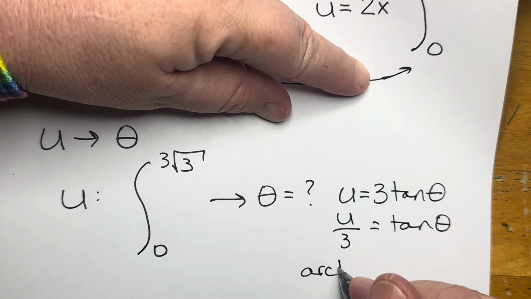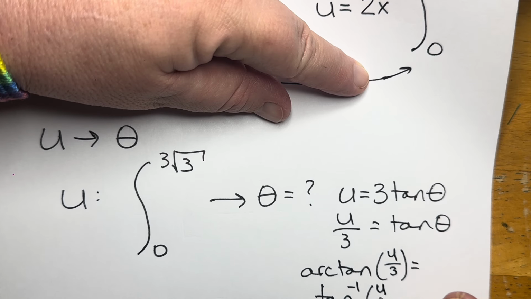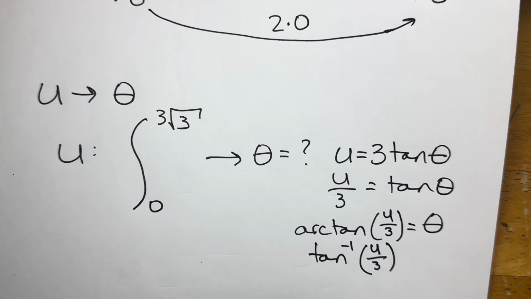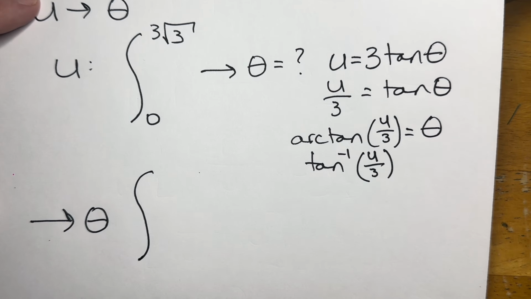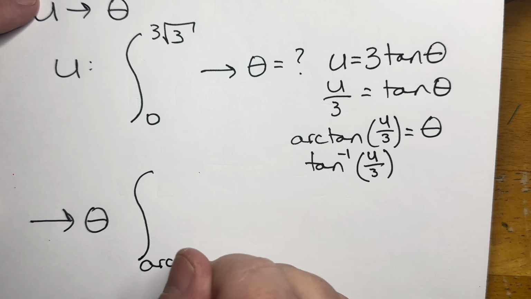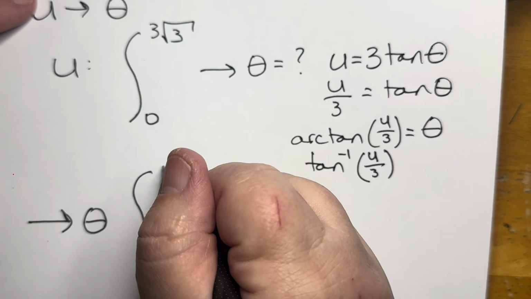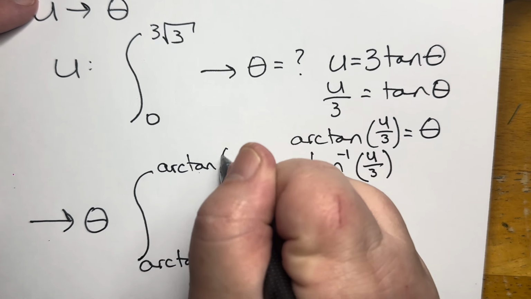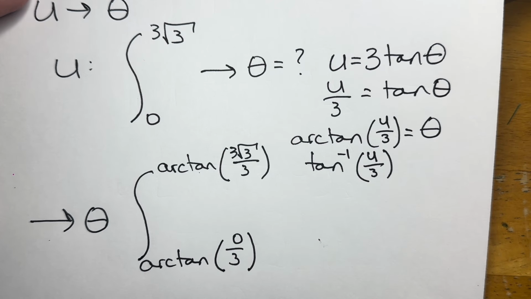So arc tan, or tangent to the negative first power of u over 3 equals theta. Okay? Okay, so if we want to convert it to theta land, down at the bottom, we're going to have to take arctan of 0 over 3. And up here, we're going to have to take arctan of 3 radical 3 over 3. Okay?